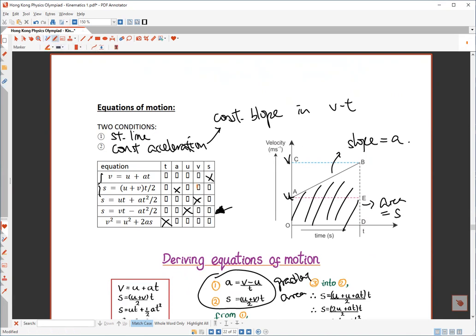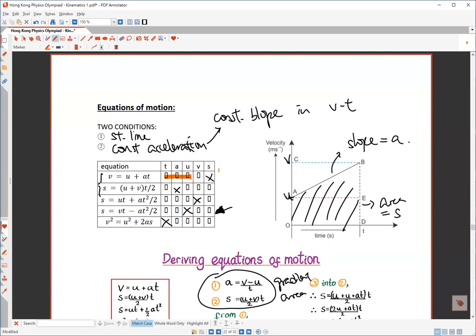But here is some tip for you. For all the equations there are four unknowns, so the question should give you at least three values. Let's say if it gives you t, a and u, then you can find v. So for every question, look at what quantities are given and what quantity you are finding.